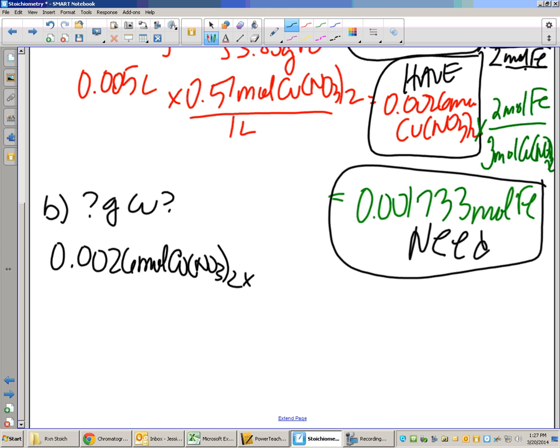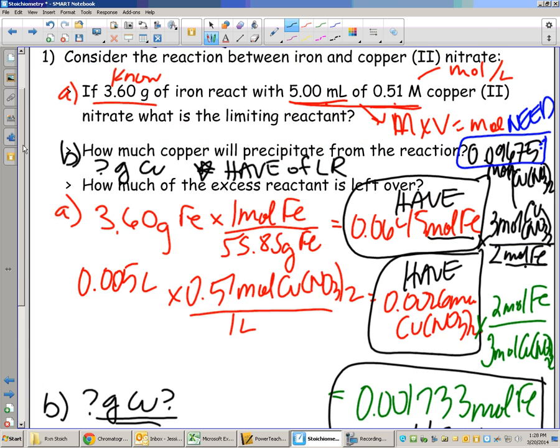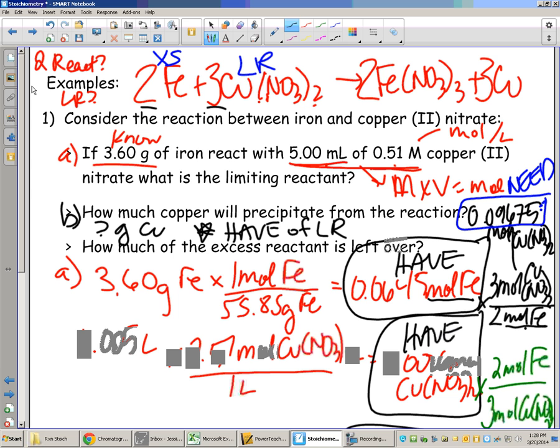Alright, you know how to get from moles to anything else. So if I have moles of copper 2 nitrate, what do you want me to do? I want to get to just plain old copper, right? What's my ratio? 3 to 3.